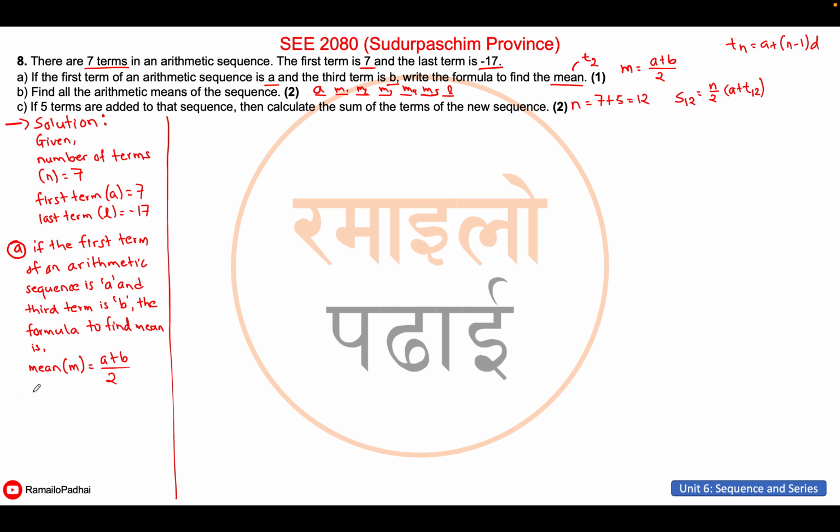Okay, now moving on to B, find all the arithmetic means of the sequence.